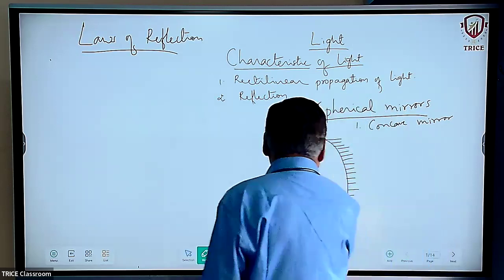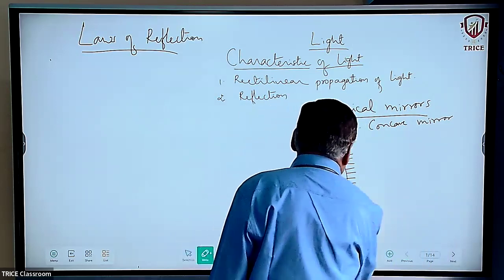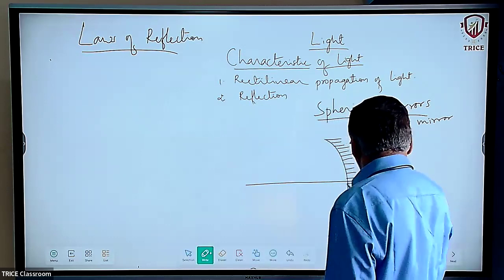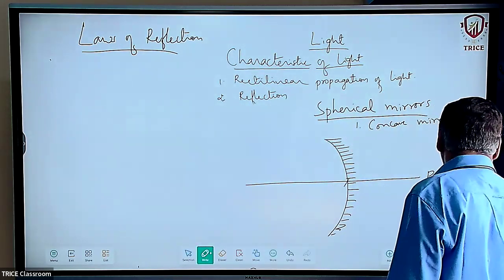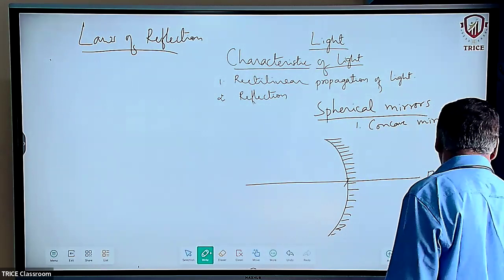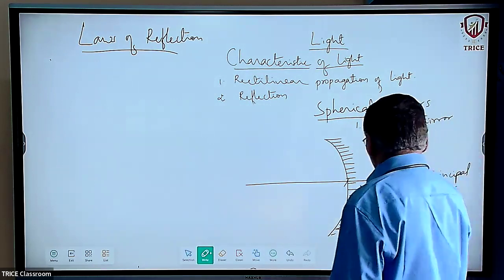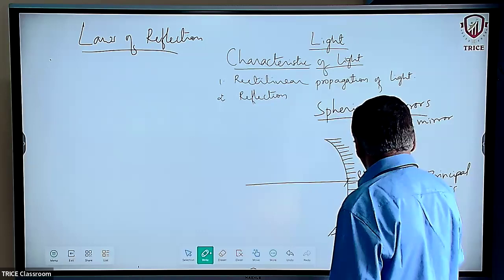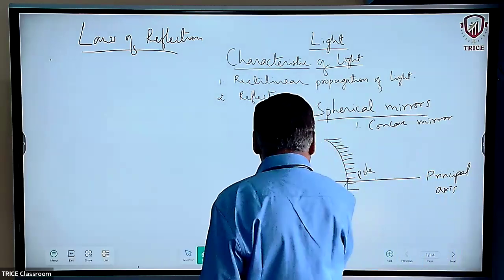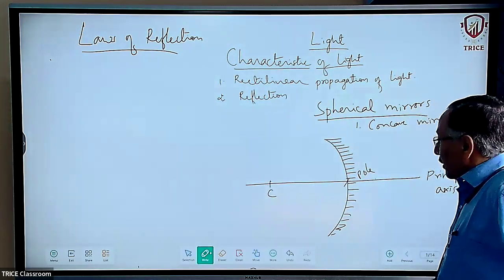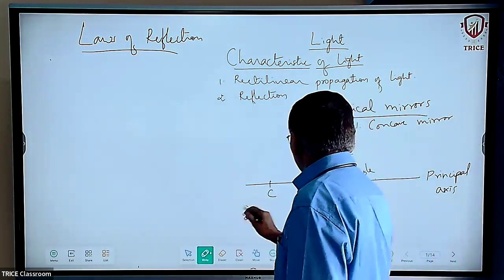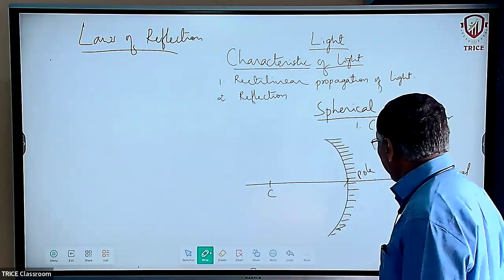This is the principal axis. This is your pole, and let this be center of curvature, right? If you extend this, this will become the center of the whole sphere.